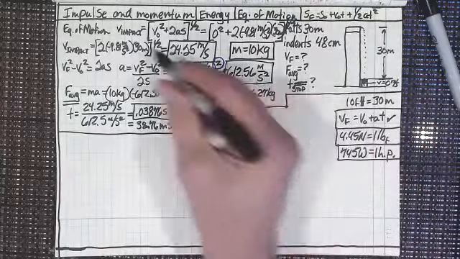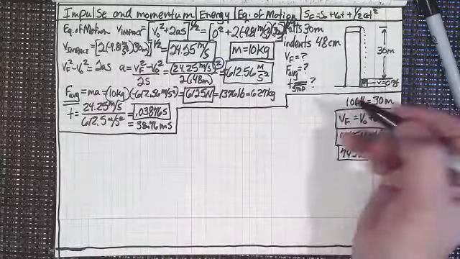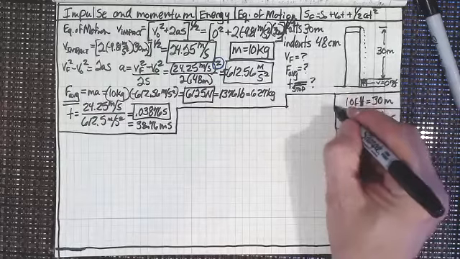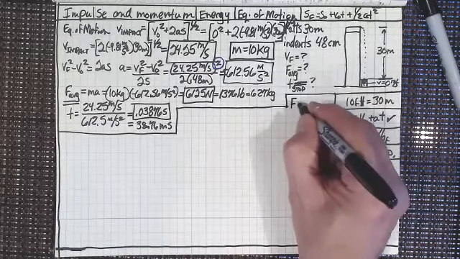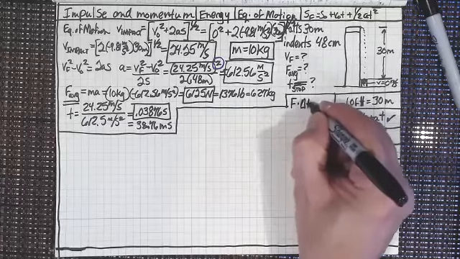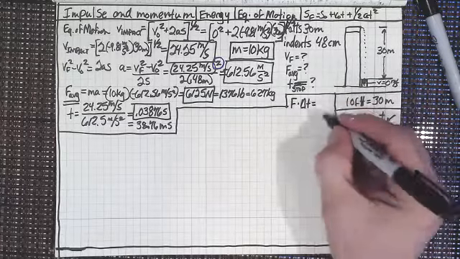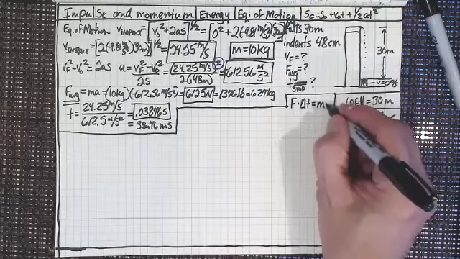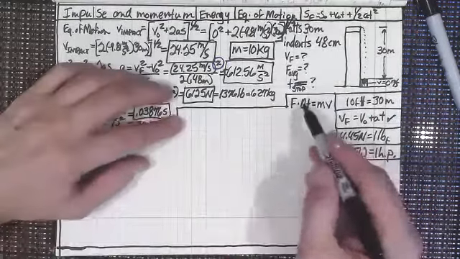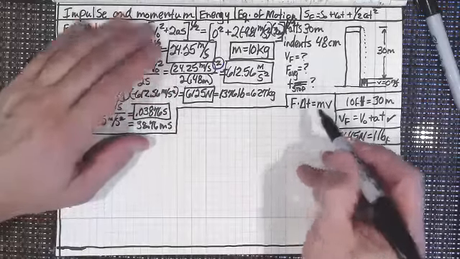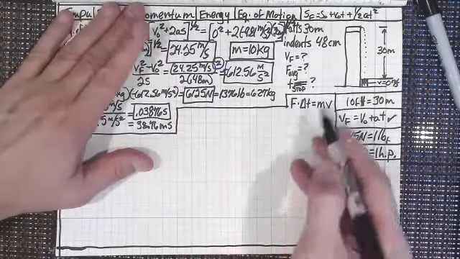What I want to do now is look at impulse and momentum. What is impulse and momentum? Impulse is F times delta t, and momentum is mass times velocity. Now, how do the units work out here?